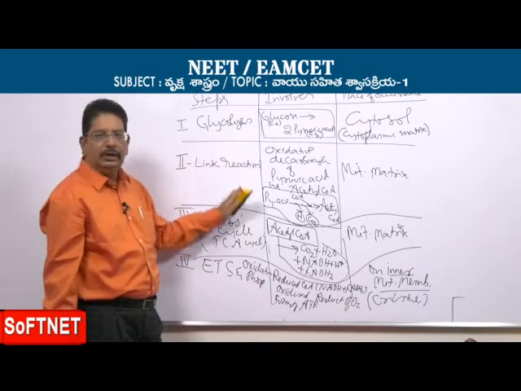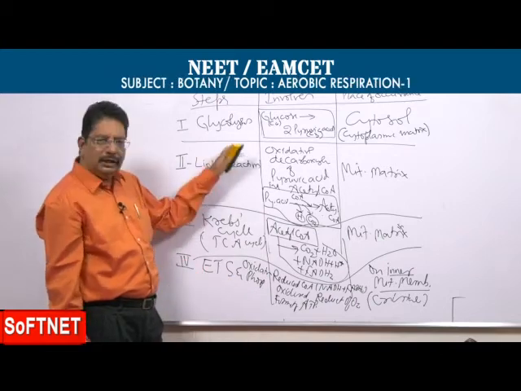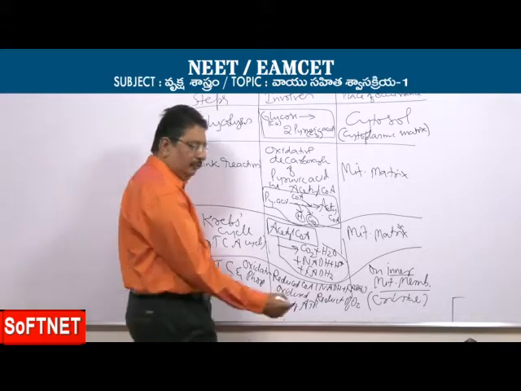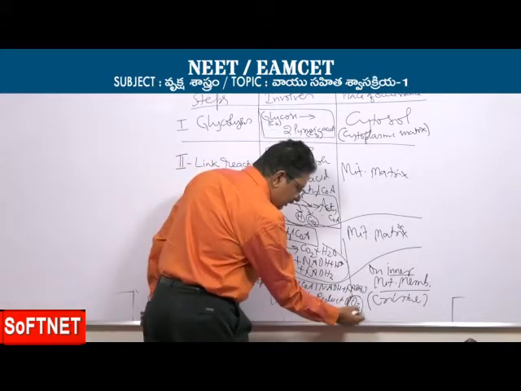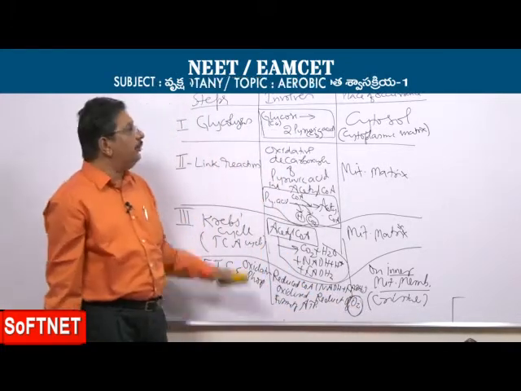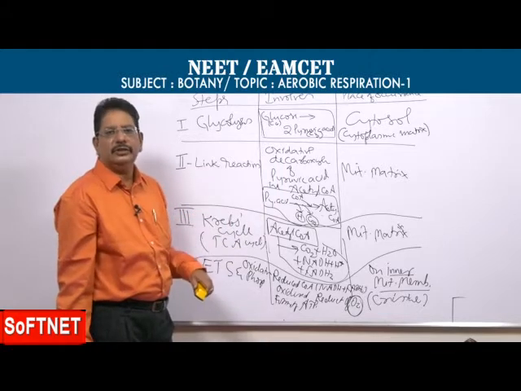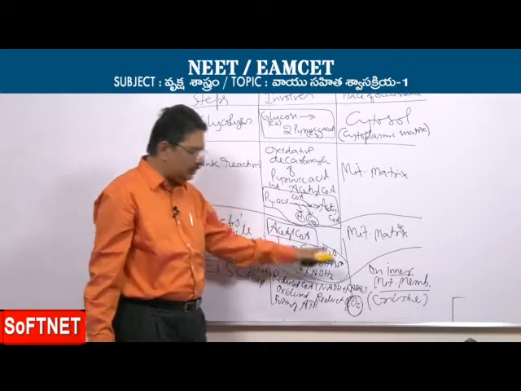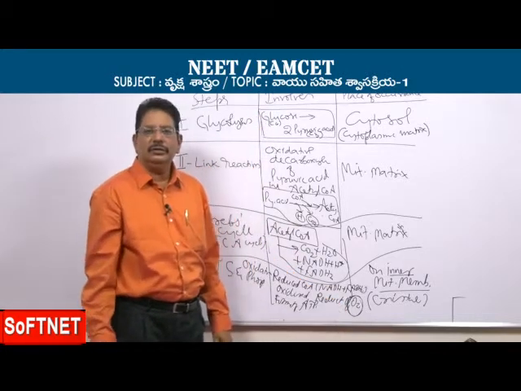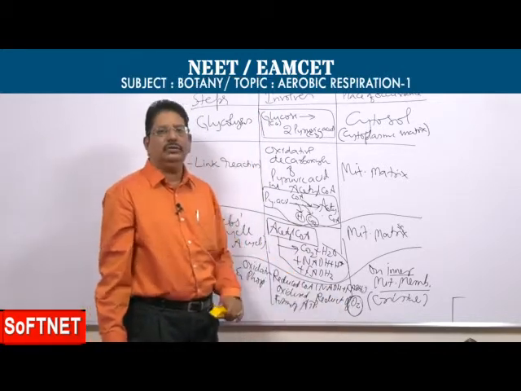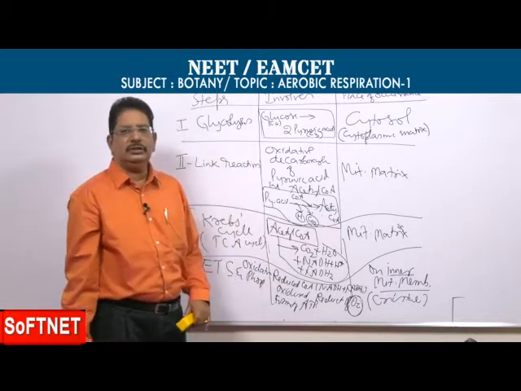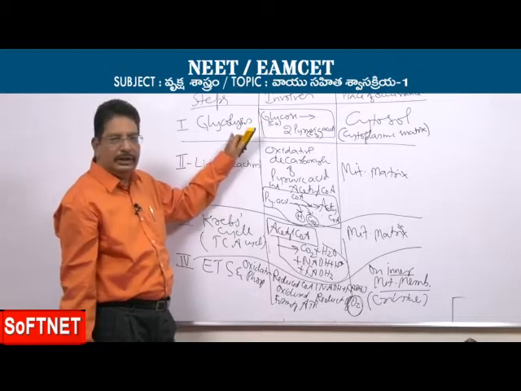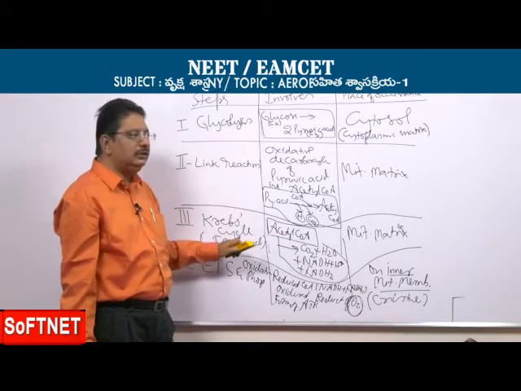So, there are 4 different steps. In all these 4 steps, if you go into details, there is only one step where oxygen is involved. So, basically what is aerobic respiration? The complete oxidation of glucose in the presence of oxygen, but the role of oxygen during this process is seen only in the last step, but not in the first, second or third.